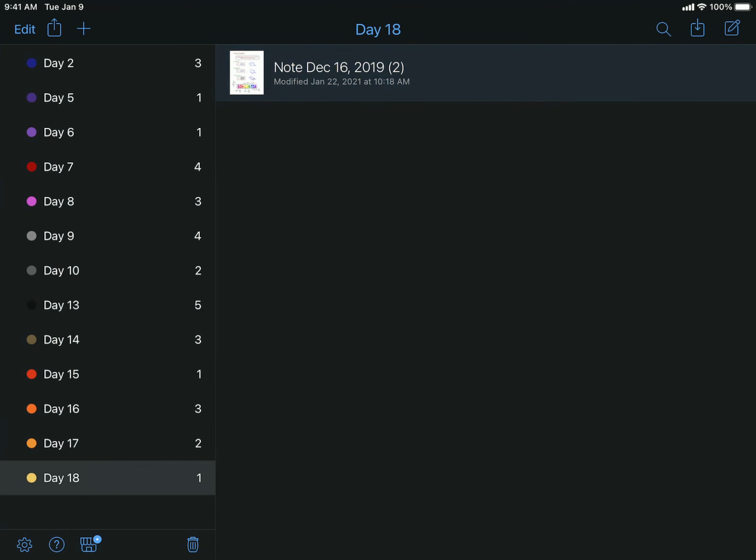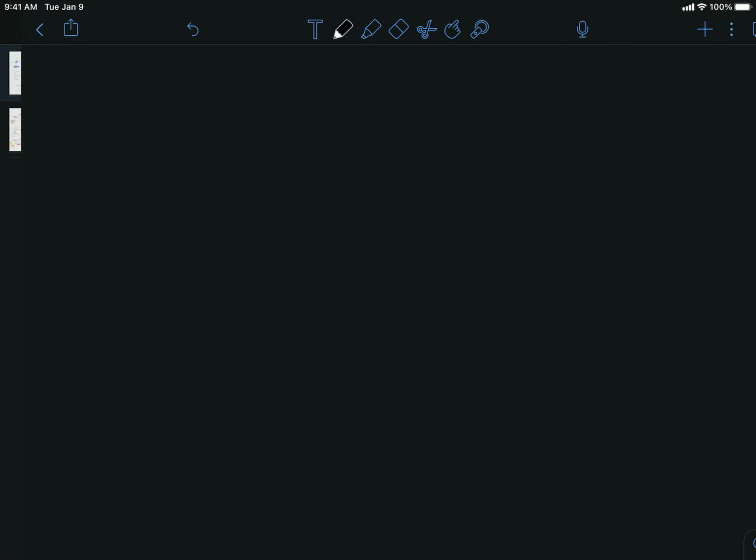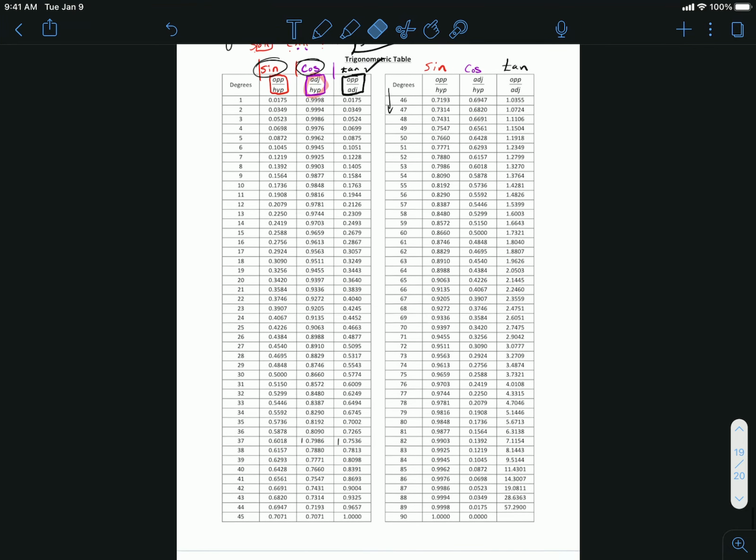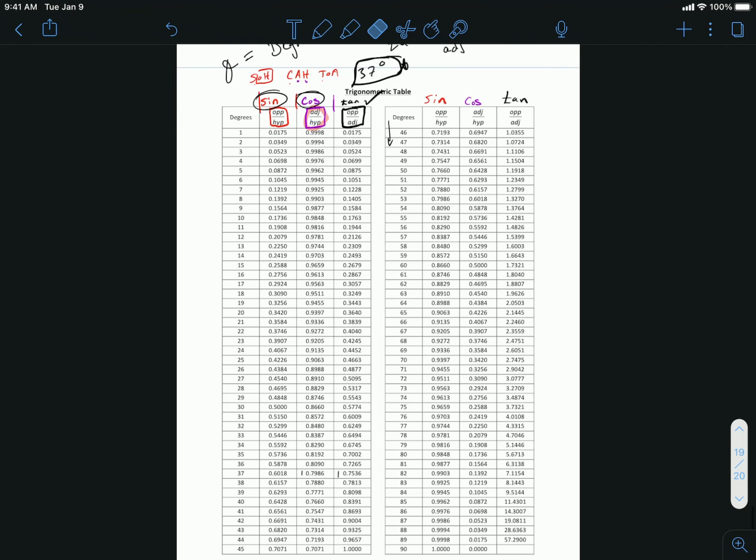Well, we go back to our trig table. I'm dealing with sine, which means I'm going to be in the first column. What was the angle? I can't remember. 53.